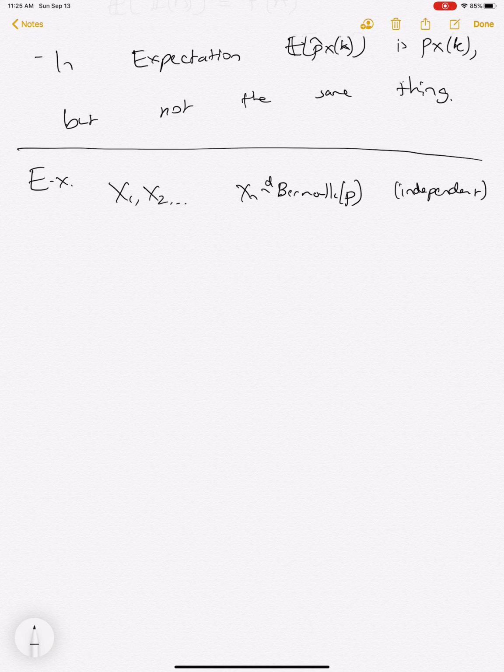Here, this is nice and simple because the range is just 0, 1. So then, we can clearly see that there's two things here, which is the p hat x of 0 and then p hat x of 1.